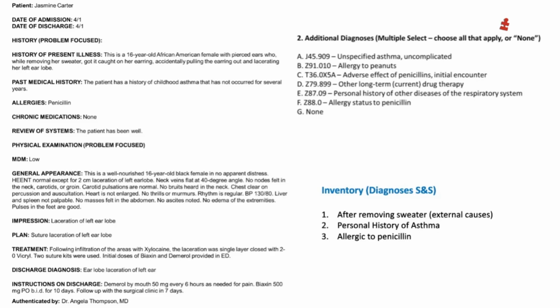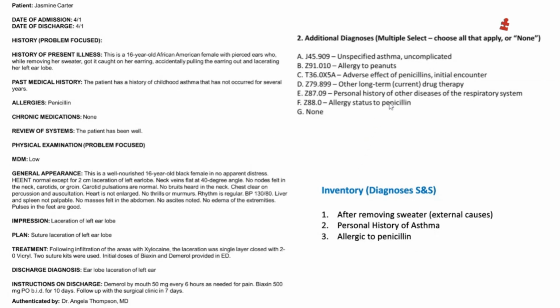Okay. So I see a lot of people saying unspecified asthma. Well, the patient has a history of asthma, and she hasn't had asthma for several years. And she's 16, several? Okay, so we have to deduce, because of this language, that this patient no longer has asthma. It's childhood asthma.